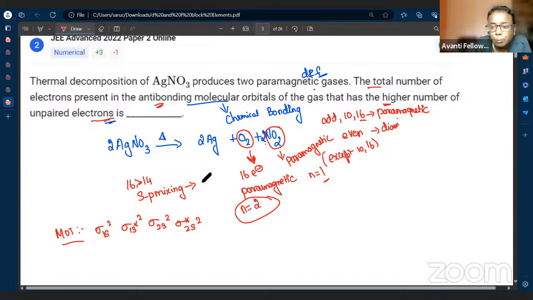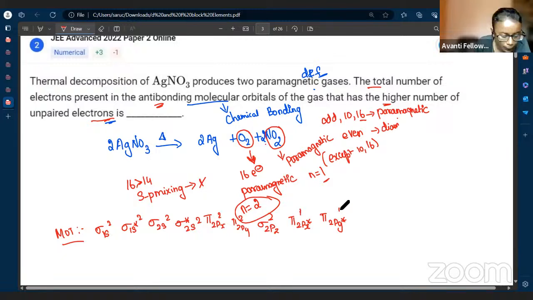You will be writing the pi orbitals first: pi 2px, pi 2py, each containing 2 electrons. Then comes sigma 2pz, and then pi 2px star 1, pi 2py star 1. Totally we have 16 electrons: 2, 4, 6, 8, 10, 12, 14, 15, 16.